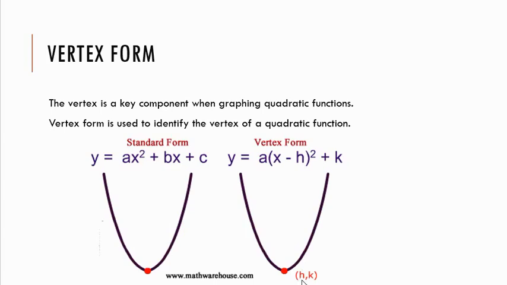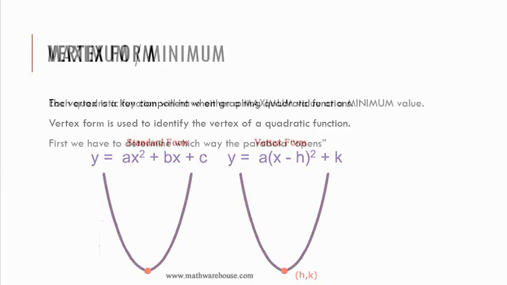The h value is positive. However, if I were to see x plus 3 instead of x minus 3, I would have to know that my h value is negative. So the x value of my vertex would be negative. It would be -3.